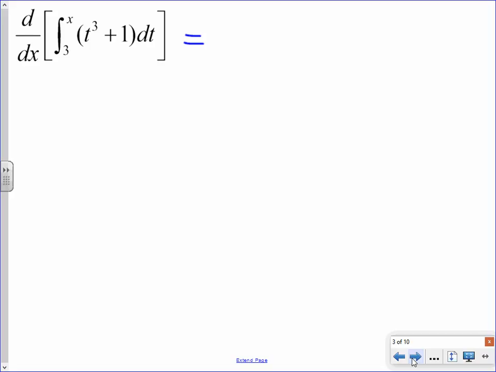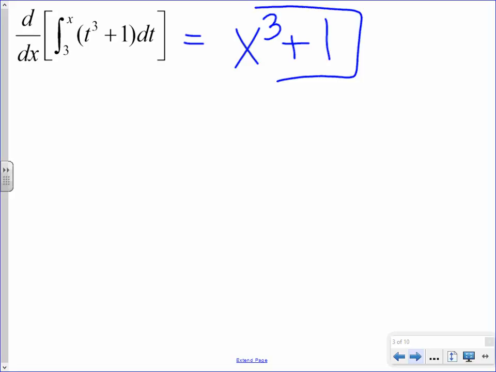Okay, so we have the integral from 3 to x of t cubed plus t dt. And then we have the derivative of that. Okay, so a derivative and antiderivative are basically going to cancel this out. So we're going to plug this limit of integration in. And we're done.